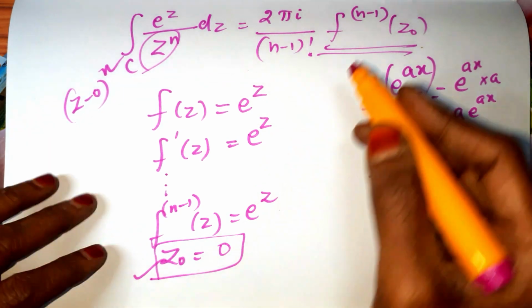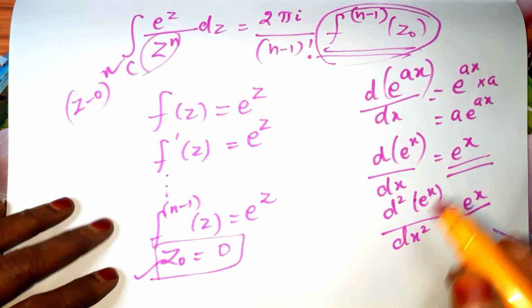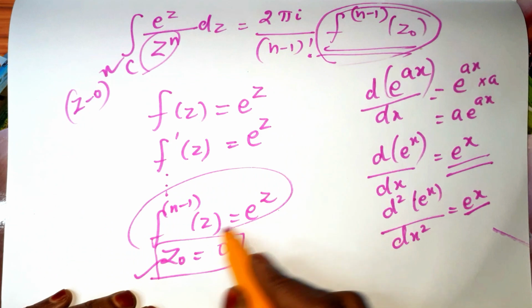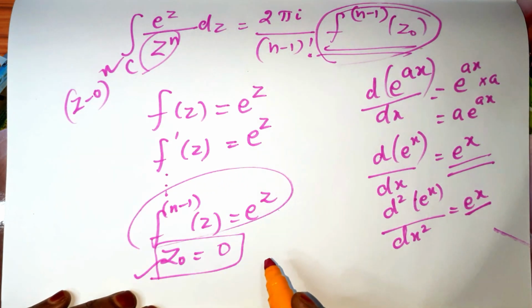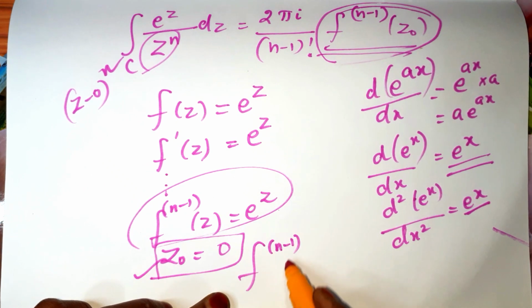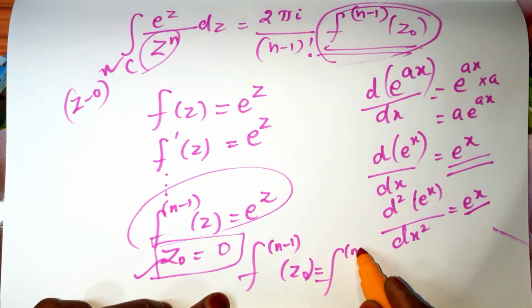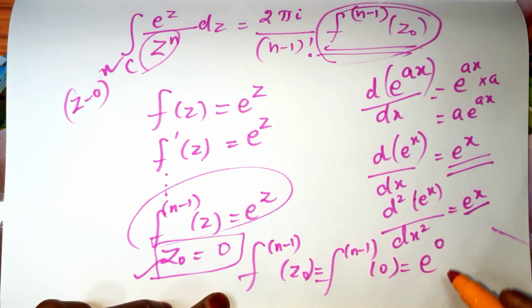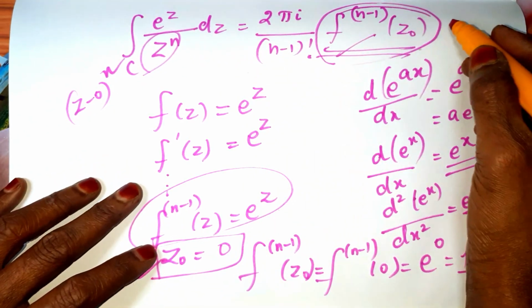So what formula we have? This is the term we have to calculate. In this derivative, we have to take z0 as 0. Therefore, f n minus 1 of z0, which is equal to f n minus 1 of 0, equal to e power 0. Anything power 0 is 1. So this term we got as 1.